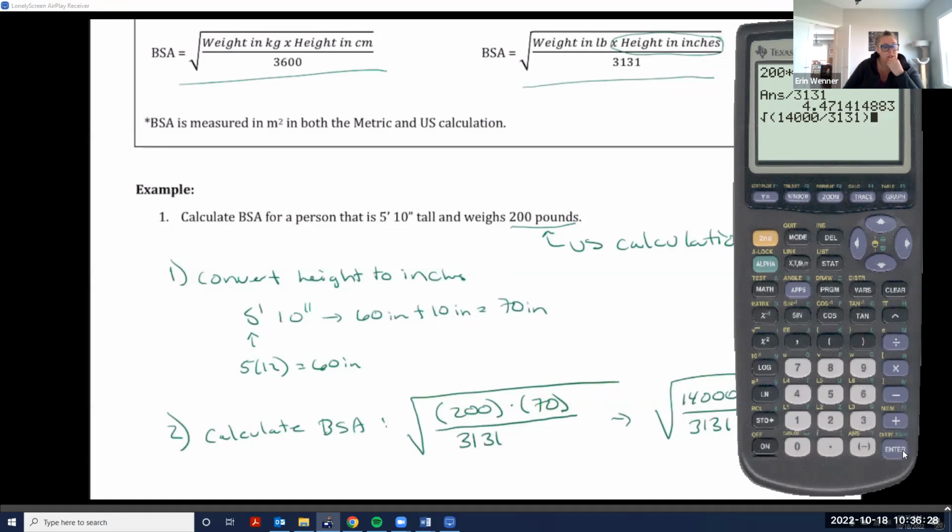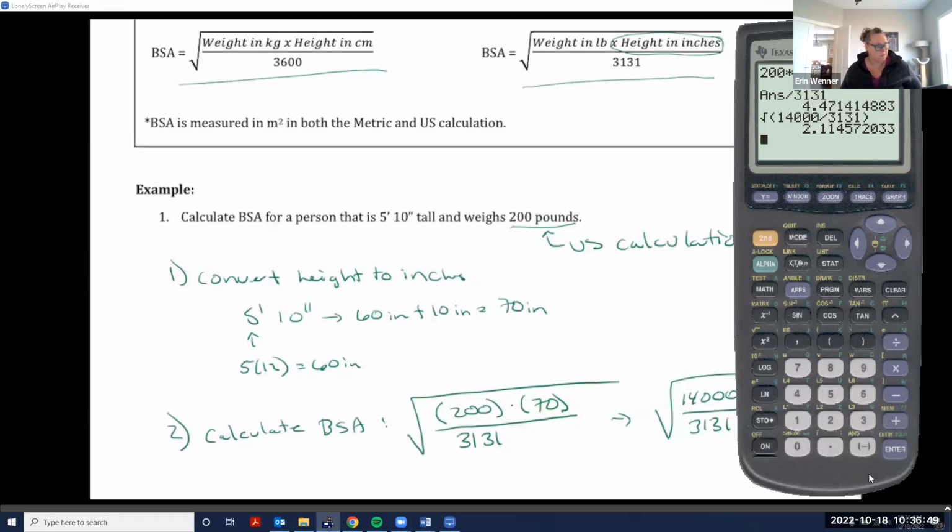When we enter this, we end up with a BSA of 2.1145 and so on. So we're going to round that to 2.11 meters squared, because again, body surface area is always calculated in meters squared.